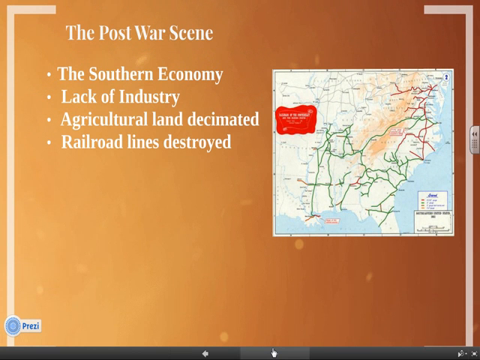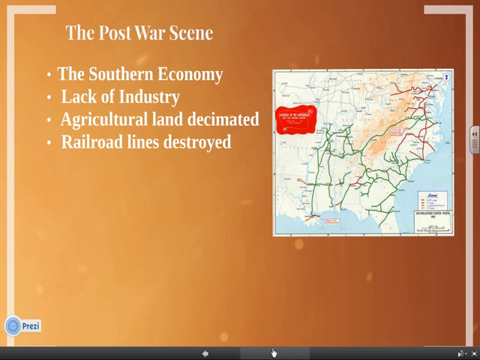Because it is so profitable, it is seen that cotton is the number one way to make money in the South. As a result, any talk of industrialization, the creation of factories, is considered unacceptable. It's considered a lesser lifestyle. In fact, when the Civil War erupts, there was only one factory in the South.